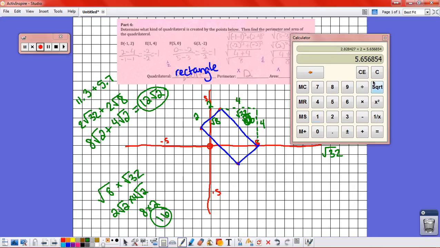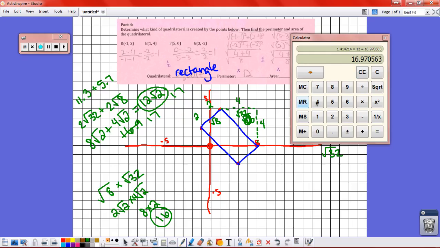So I add those together, plus 11.3 equals close to 17. 16.9. There's not even a good place to round this. I'm just going to put 17. Now let's go ahead and check that by doing square root of 2 times 12, and you get, it would also round to 17. So I can see that my answers are the same whether I do the math here or at the end.